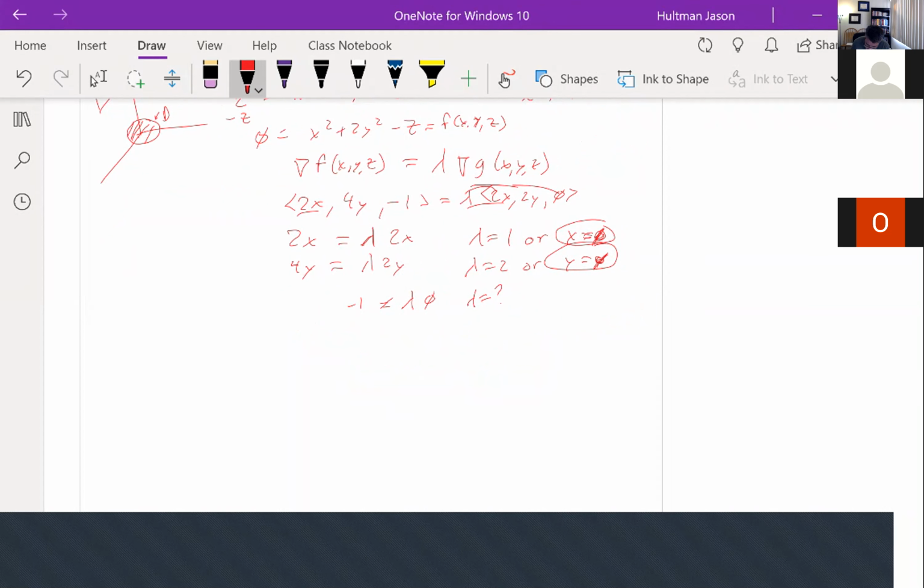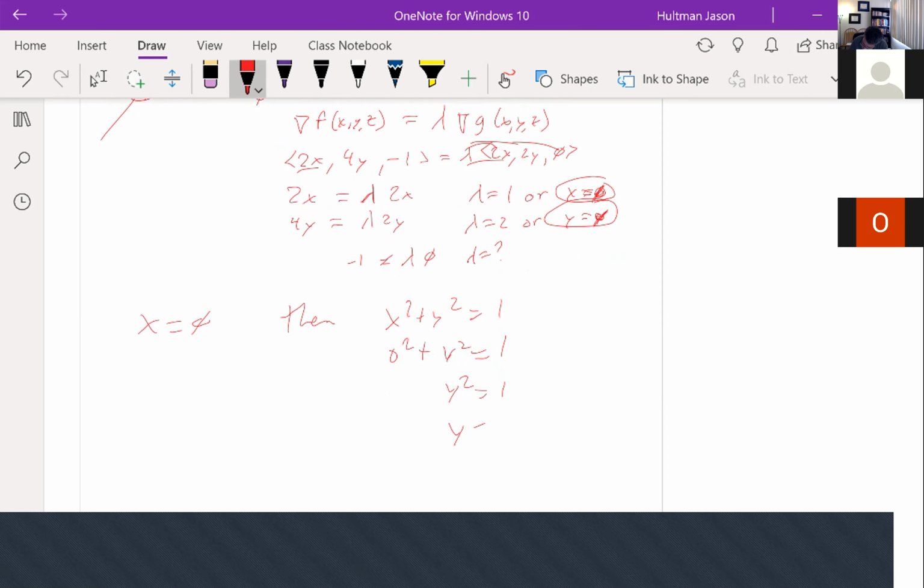So if x equals 0, then what? Then x squared, subject to the constraint, x squared plus y squared still equals 1. Then 0 squared plus y squared equals 1. Then y squared is equal to 1. That means that y equals plus or minus 1. So if x is 0, then I get (0, 1) or (0, -1).